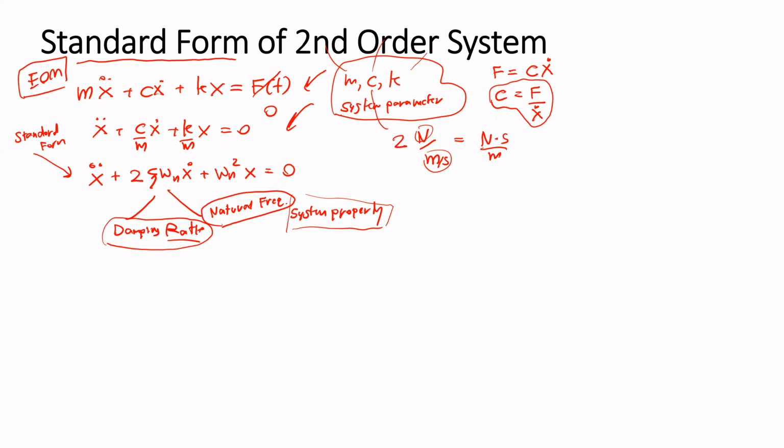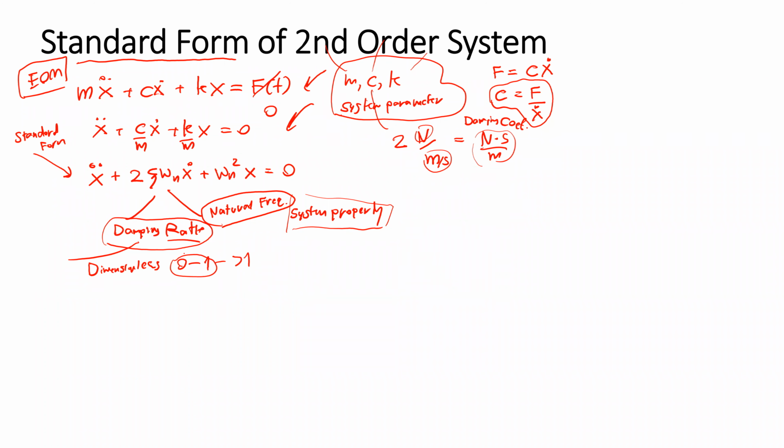The damping coefficient has a unit, has a dimension, but the damping ratio is dimensionless. The value is going to be from 0 to 1. No, maybe bigger than 1.